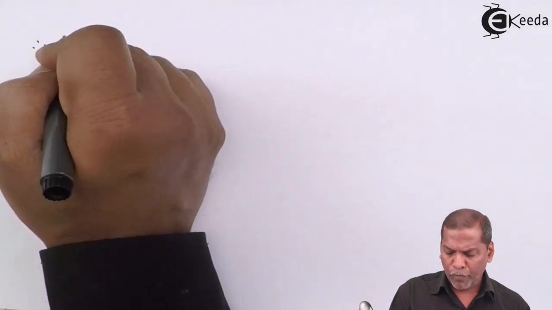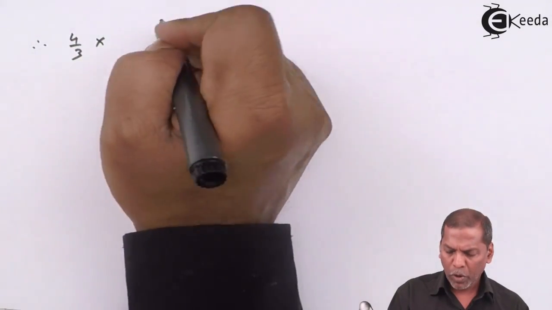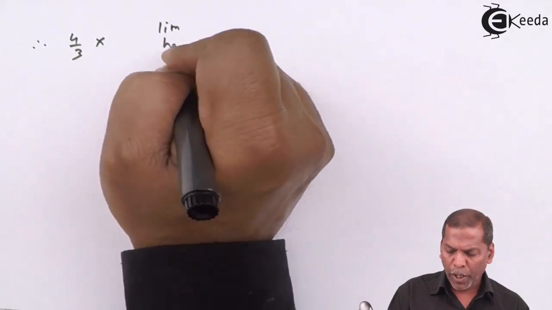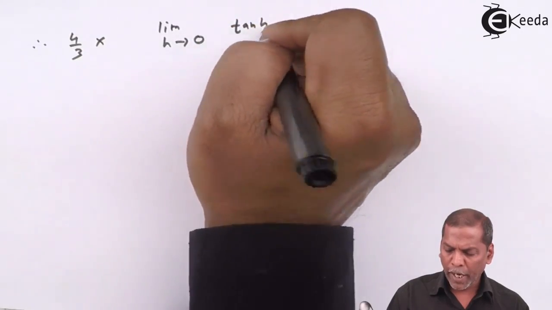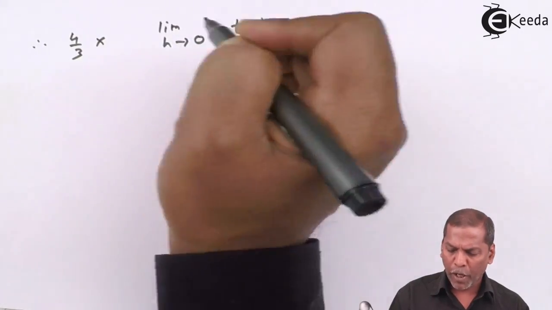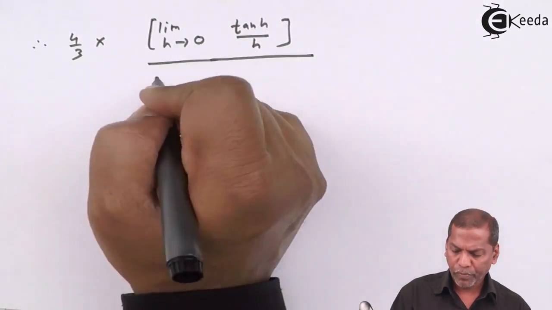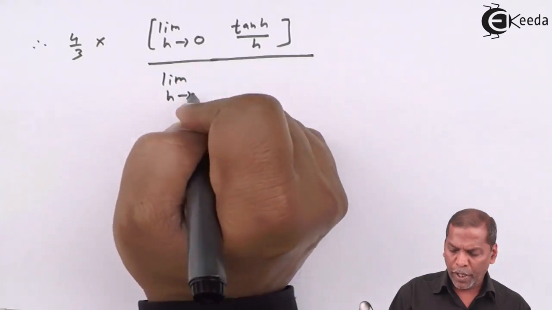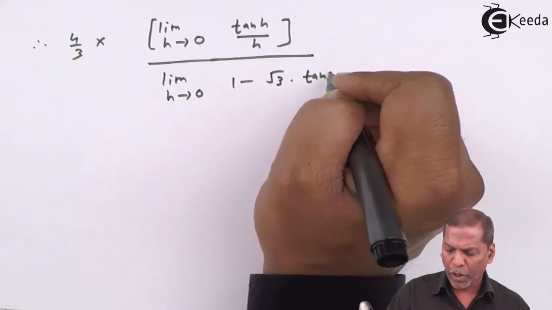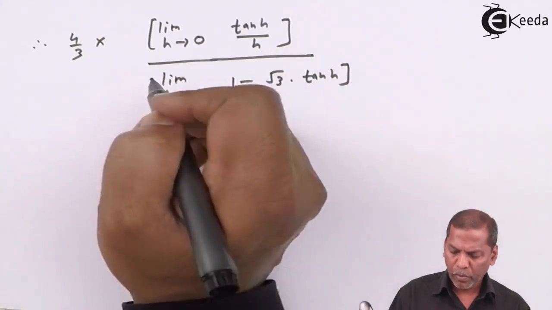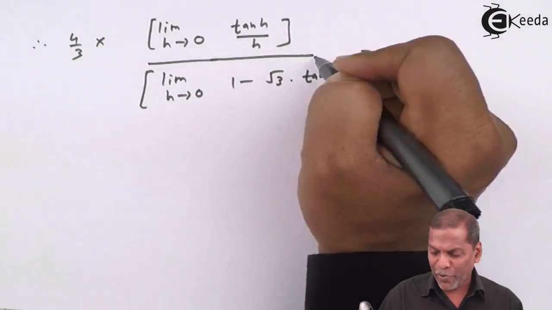So therefore 4 upon 3 into limit h tends to 0 tan h upon h, this part we write in the numerator, upon limit h tends to 0 of (1 minus root 3 into tan h) in the denominator, and that equal to k.